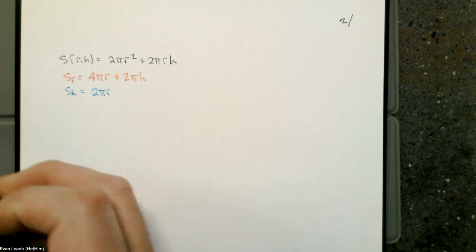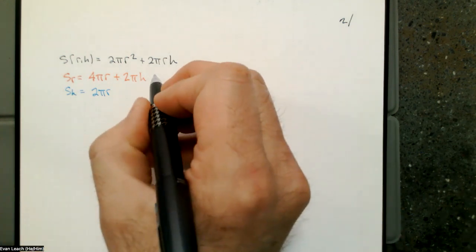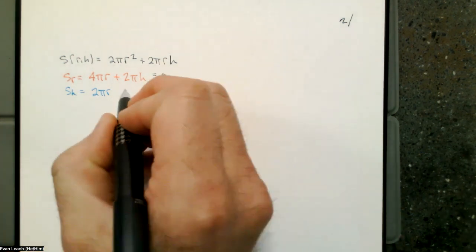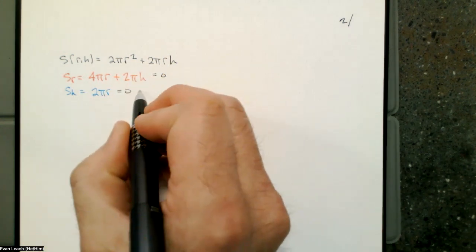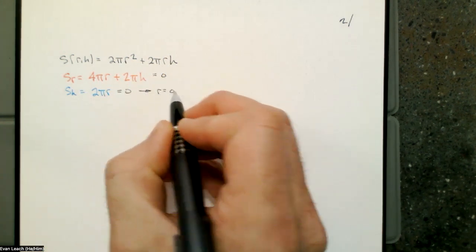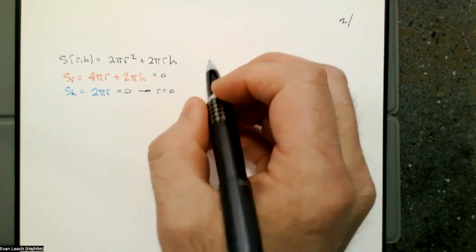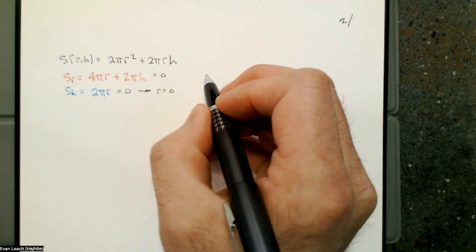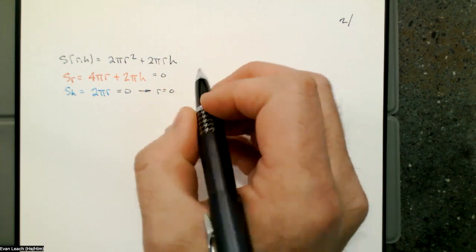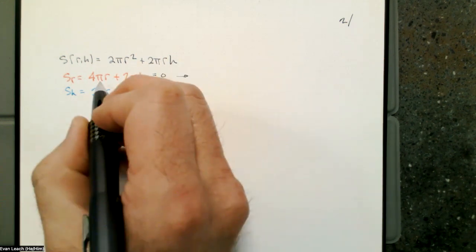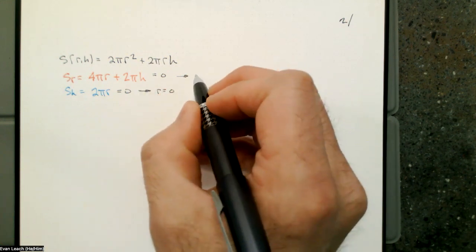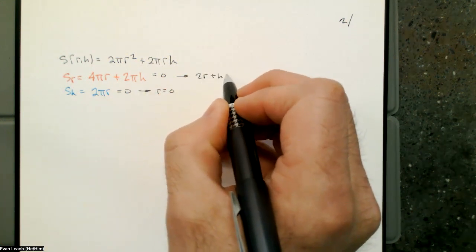So if we set these equal to 0, this second one tells us that R is equal to 0, and plugging that into the first one up here, if I divide out the 2 pi, I get 2R plus H equals 0.